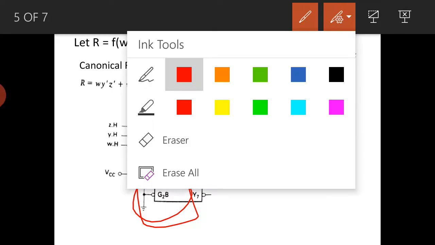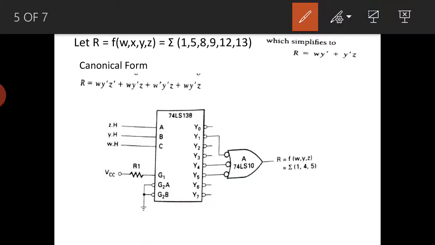Now the combination, let's see 0 0 0. For 0 0 0, the first output Y0 will be 0, as 74138 is active low, so all others will be high.